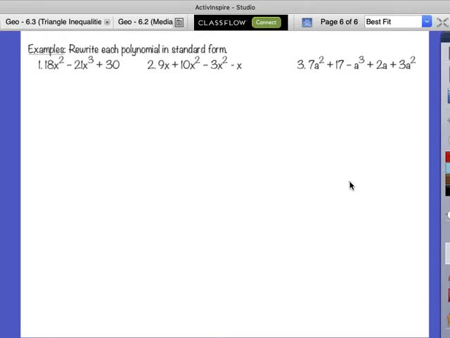Okay. So what standard form means, and I want you guys to write this too, is that we want it in descending order, and we also want it alphabetical. So we want it descending order, and we want it alphabetical.